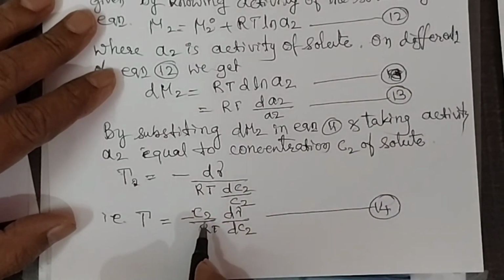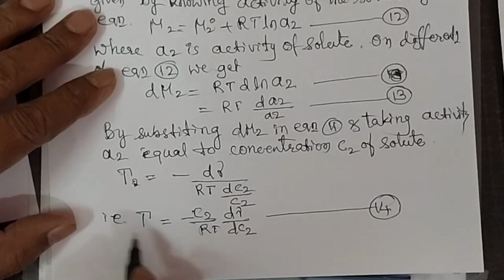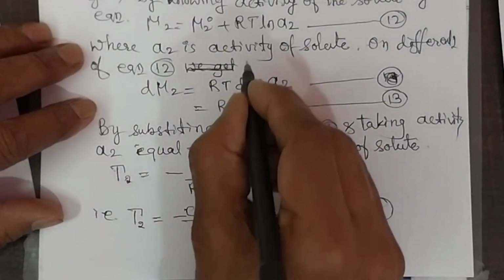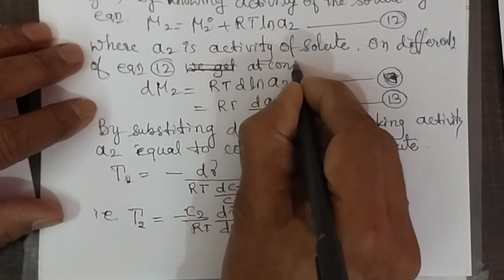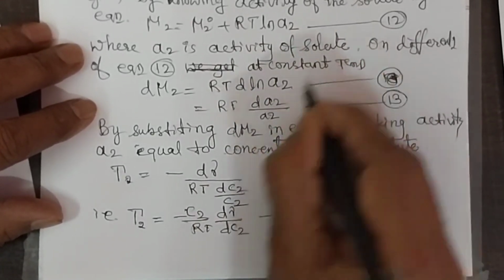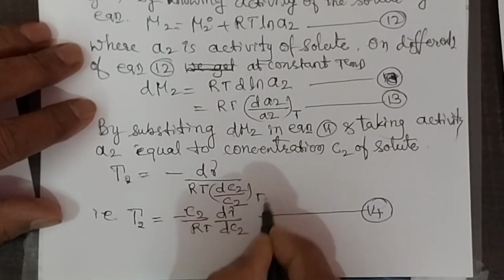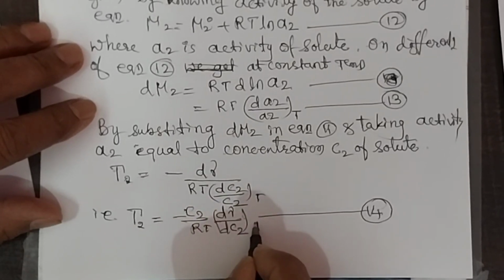Here C2 is the concentration of the solute, R is the gas constant, T is temperature, d gamma is the surface tension change, and dC2 is the change in concentration of the solute, and the change in concentration of the solute at the surface is given by tau 2.